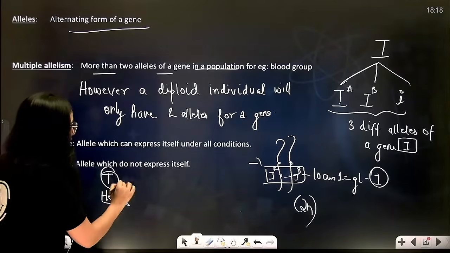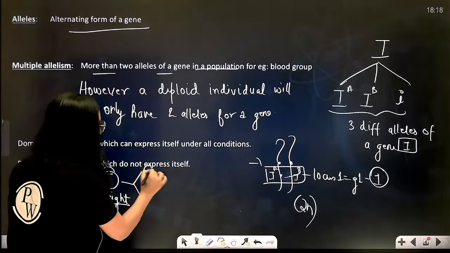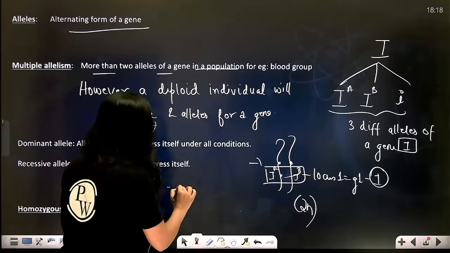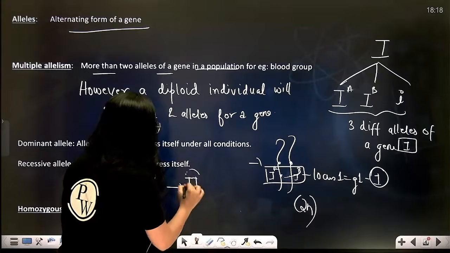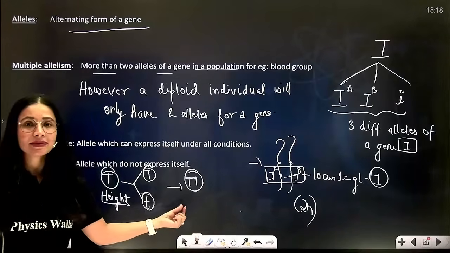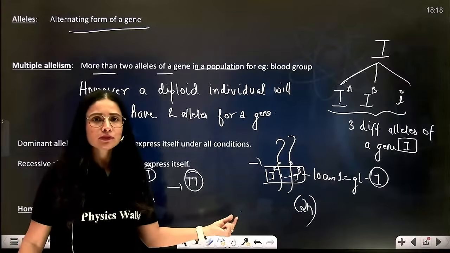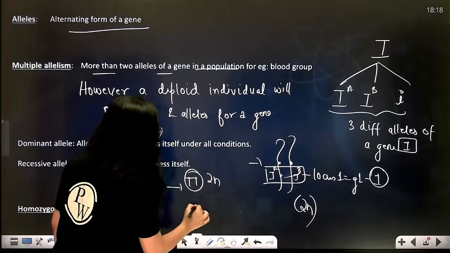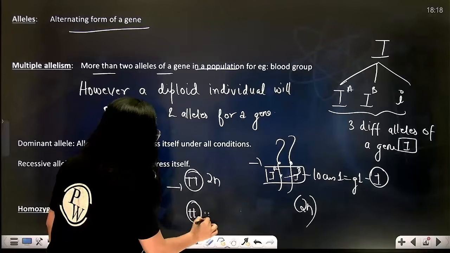Right? Now, there are 2 alleles possible. One capital T, one small t. Now, suppose a diploid organism has the 2 alleles which are the same, capital T, and there is another diploid organism which has both the alleles as recessive.